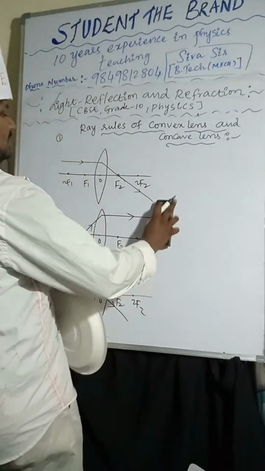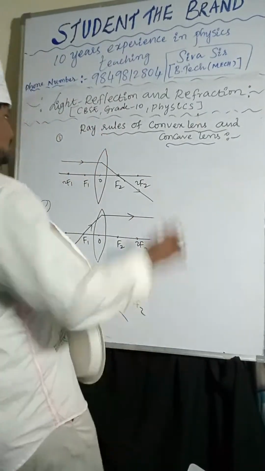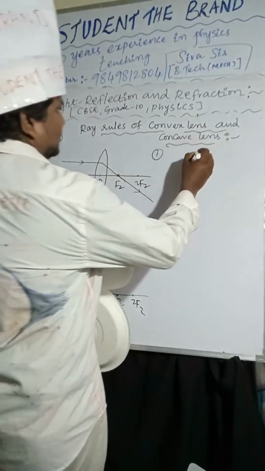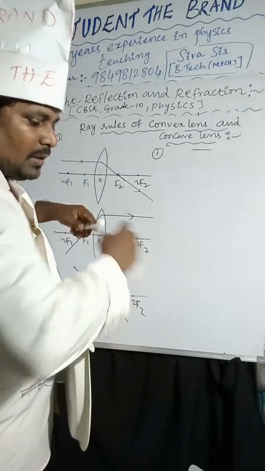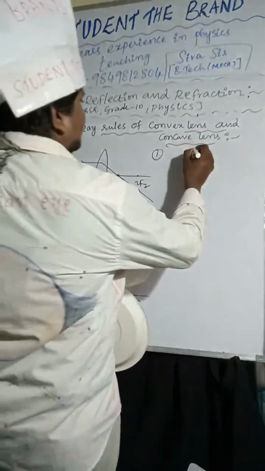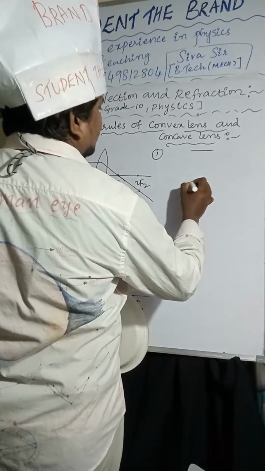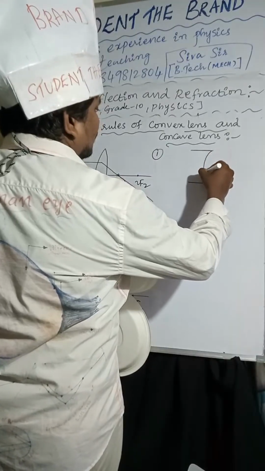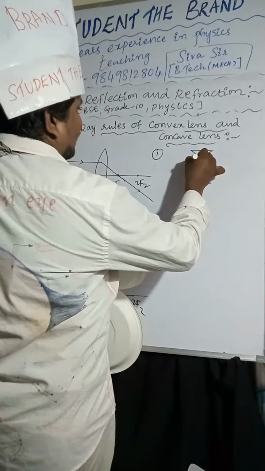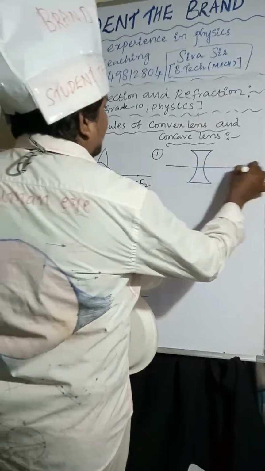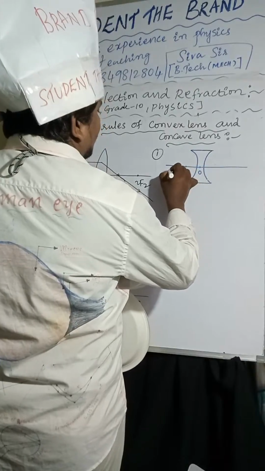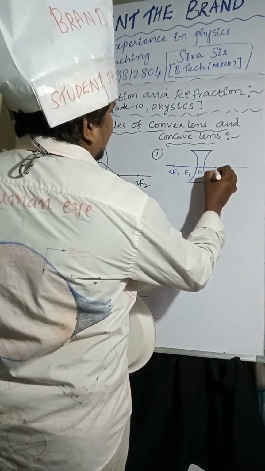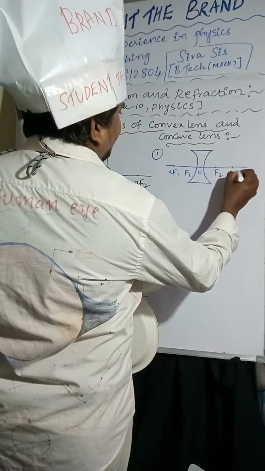So next one is concave lens. First one, concave lens. So I am taking here optic center, F1, 2F1, F2, 2F2.